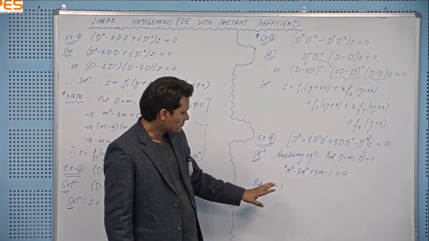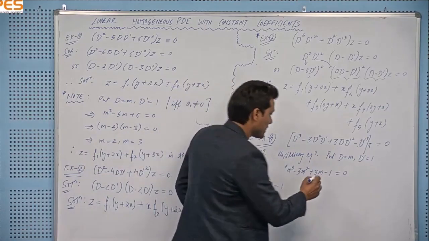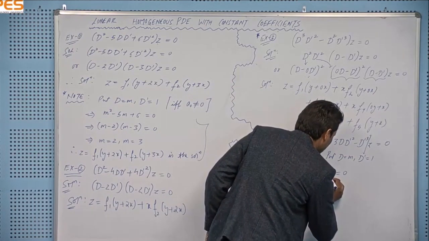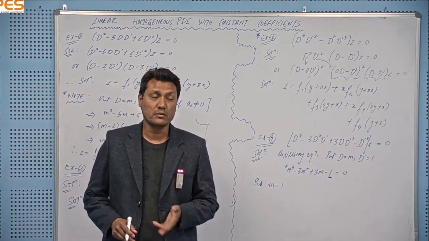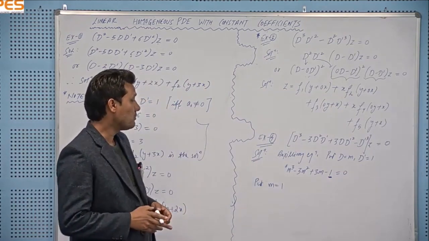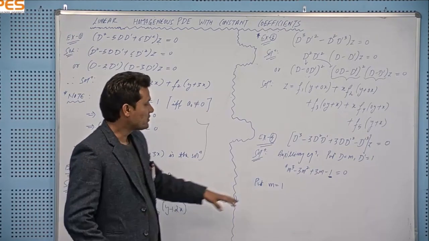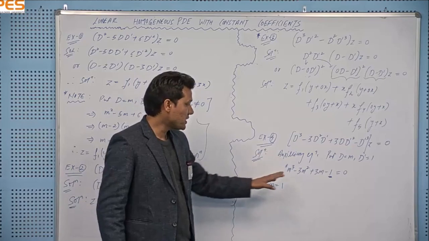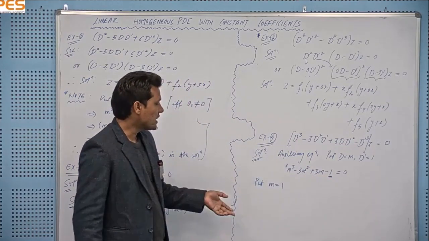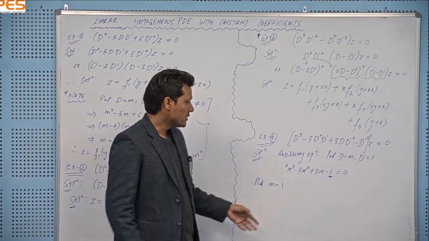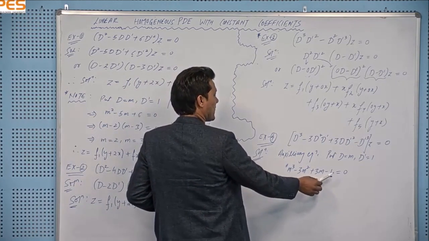Because the guess that will work should divide the constant, and this constant is minus 1, which is divisible by plus 1 or minus 1. So the root may be 1 or minus 1. 2, 3, 4, 5, 6 cannot be roots of this equation, because a root always divides the constant term. Okay, so making a guess with m equal to 1, you put 1 here, and you will get 1 minus 3 plus 3 and minus 1.